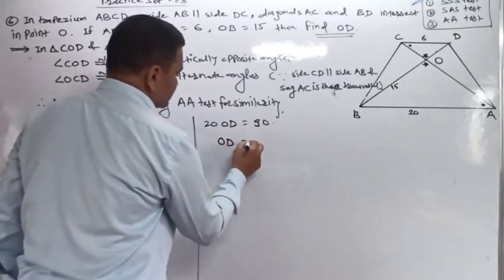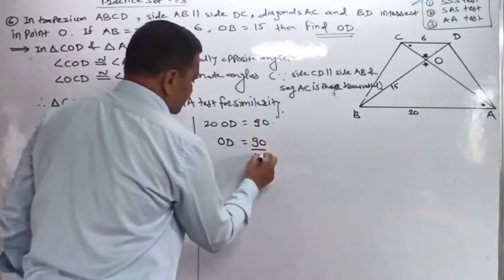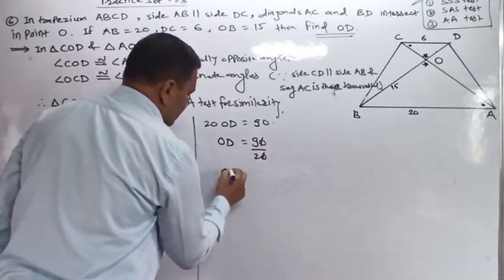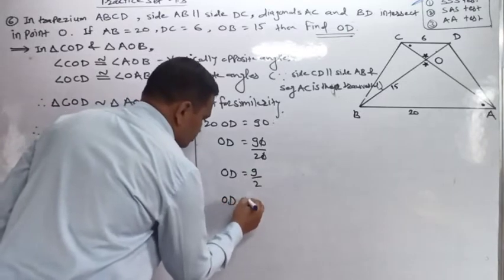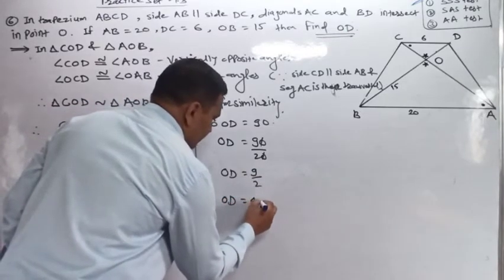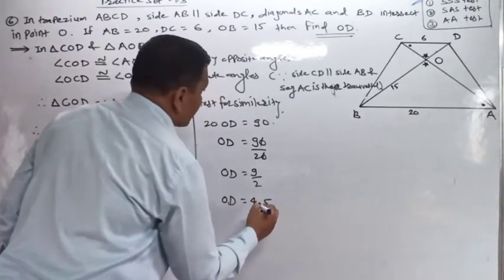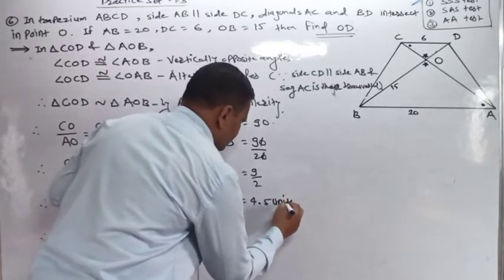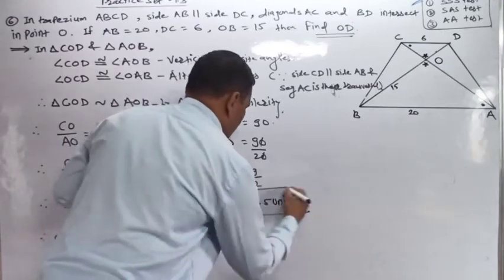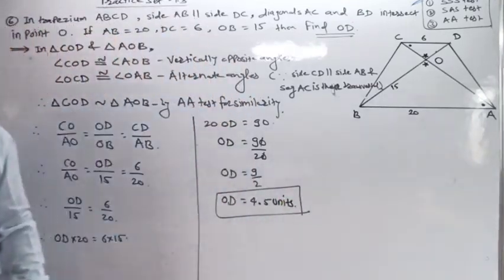Now OD is equal to 90 divided by 20. So cancelling, OD is equal to 9 by 2, that is 4.5 units. Understand? Pause the video and write the answer.